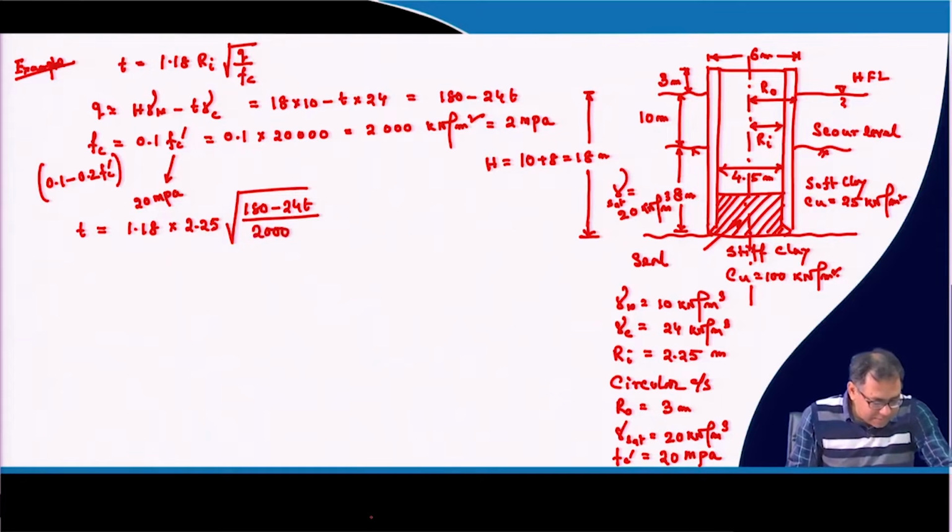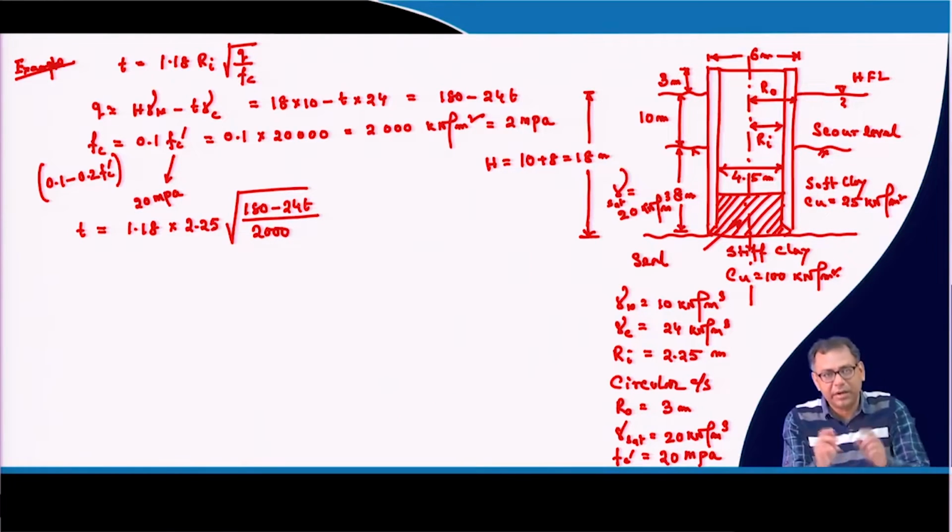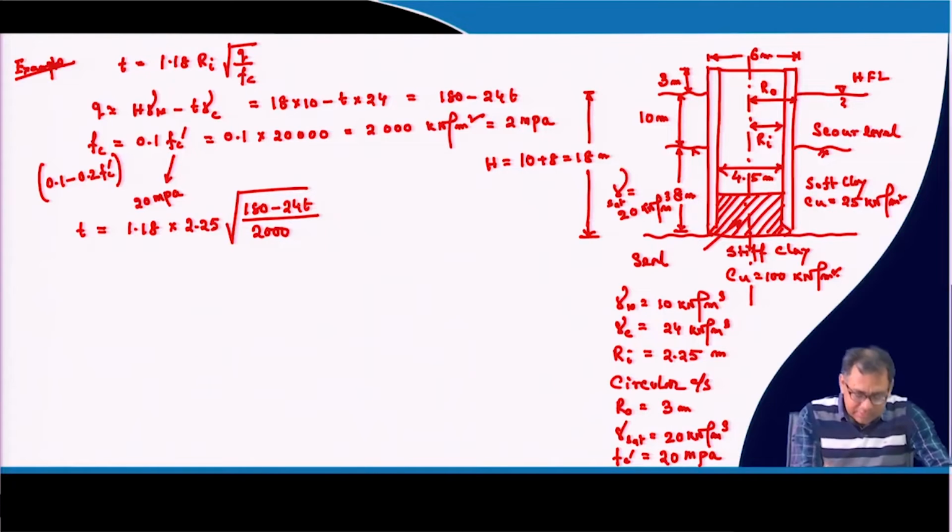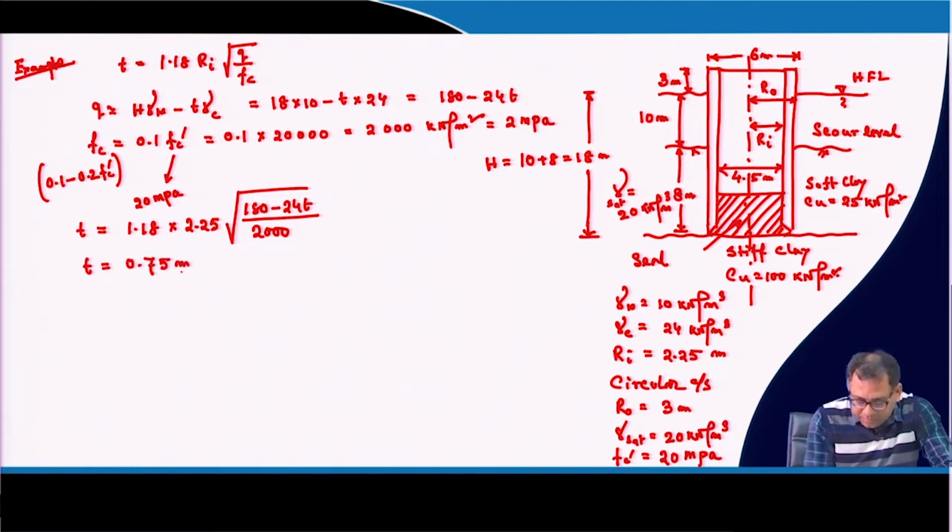Because we have T on this side and T is within the root also, we have to square both sides. Then, after solving, T is coming out to be 0.75 meter. So, the thickness of the seal is coming out to be 0.75 meter.